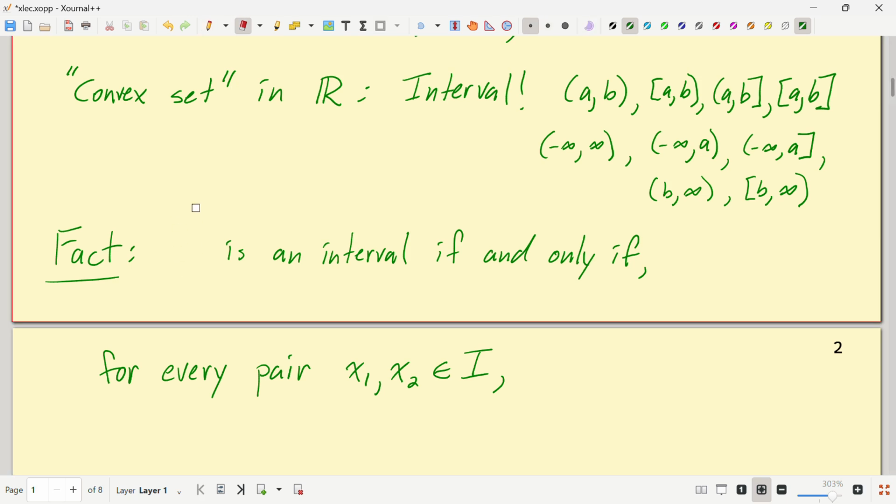Let me call this S. A set S is an interval if and only if for every pair of points in S, the interval from x1, let's take x1 less than or equal to x2, is in S.